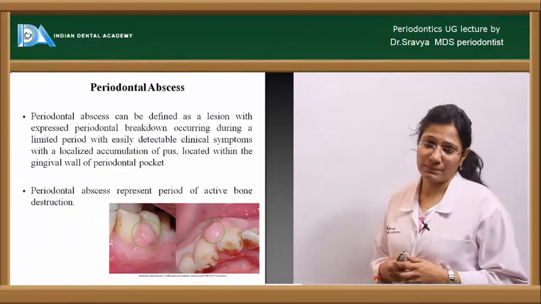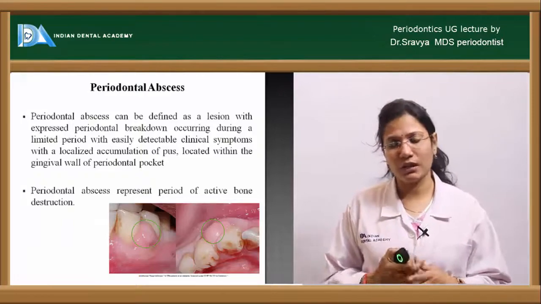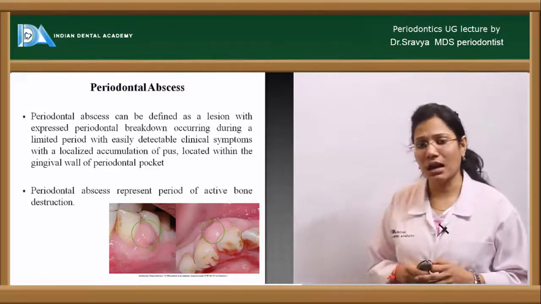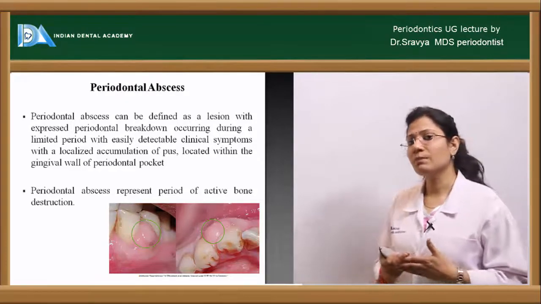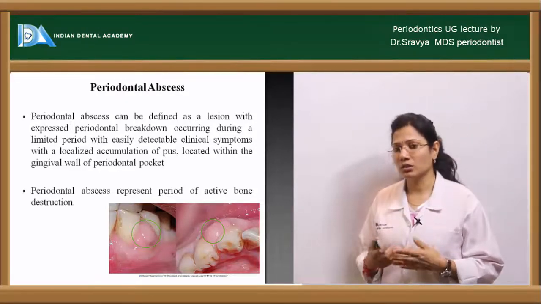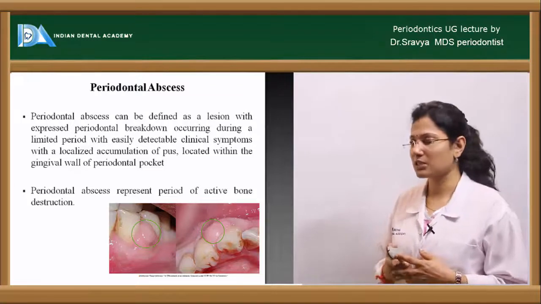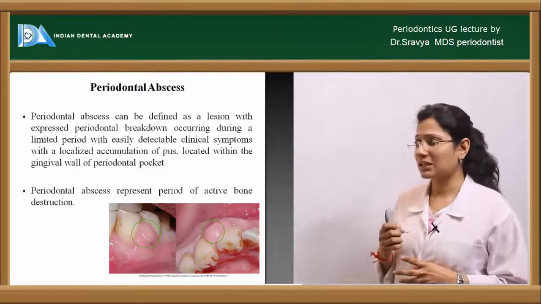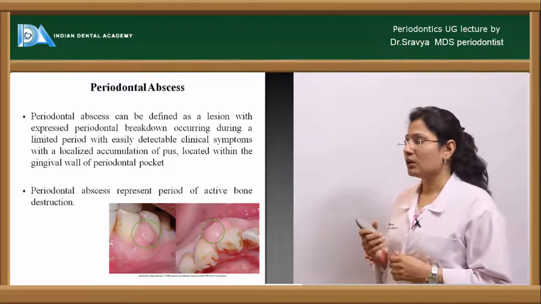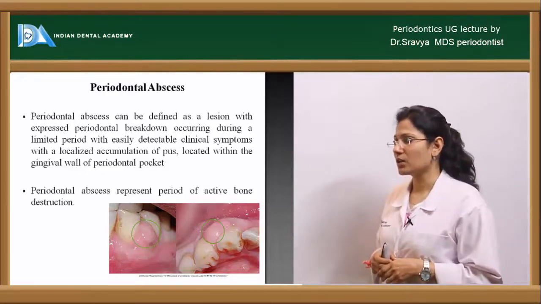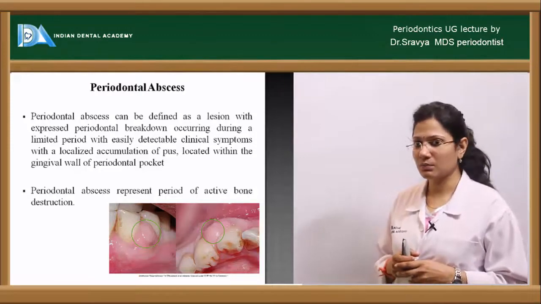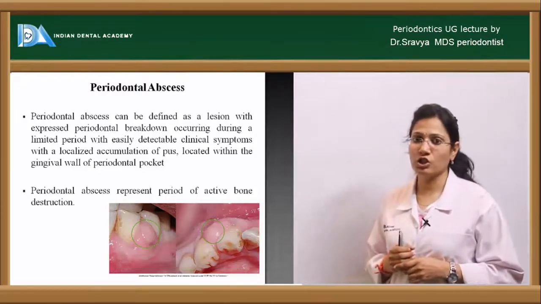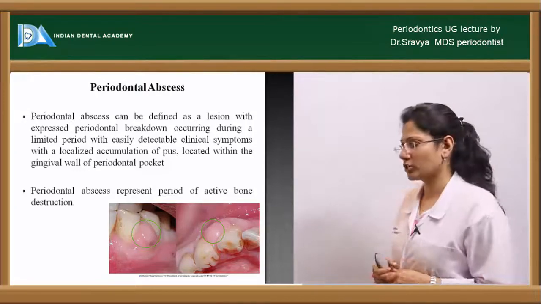What is a periodontal abscess? When we say gingival abscess, I said it's limited only to the gingival structures, right? When you say periodontal abscess, it means the periodontal apparatus is involved in the disease process. A periodontal abscess can be defined as a lesion with expressed periodontal breakdown occurring during a limited period, with easily detectable clinical symptoms and signs, and a localized accumulation of pus located within the gingival wall of the periodontal pocket.